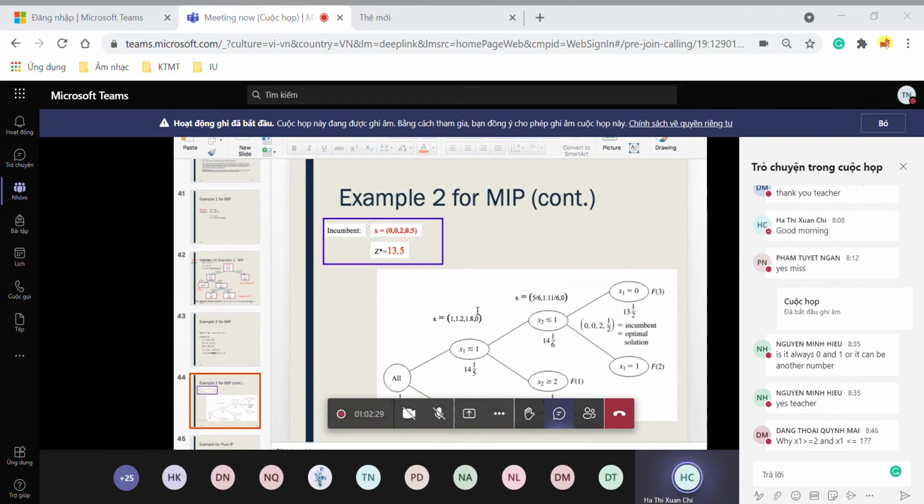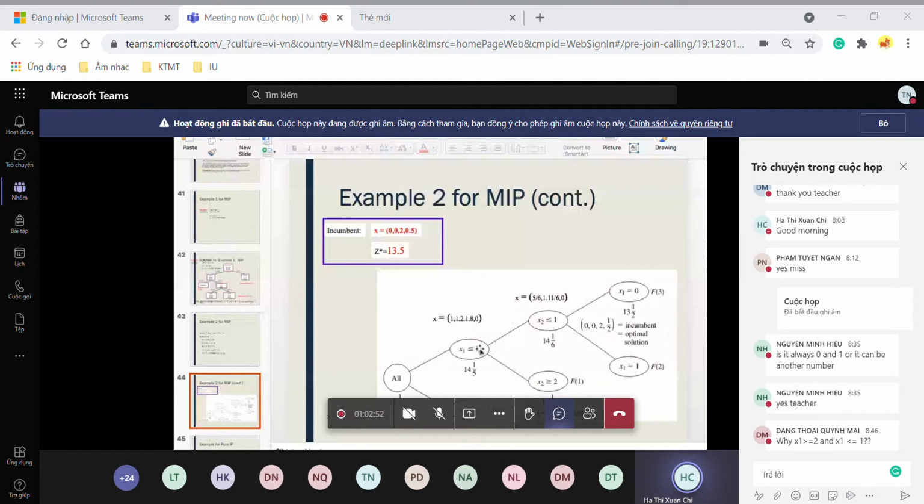So, okay. In here, you have f1 greater than 4, x1 greater than 1, x2 greater than 2, right? Because here that is 1.25. You get that.